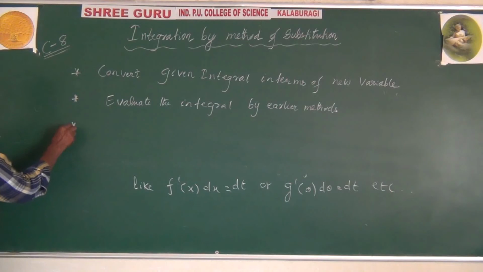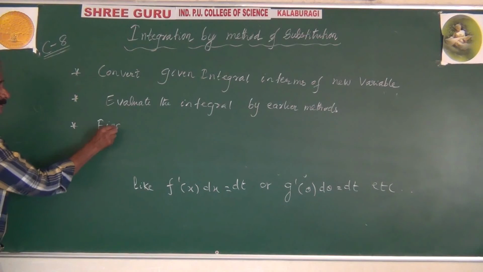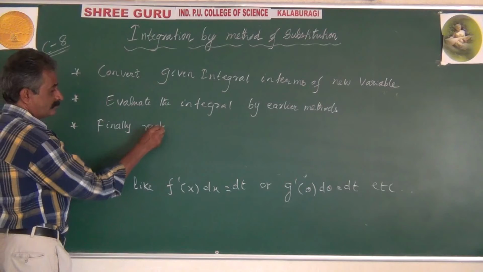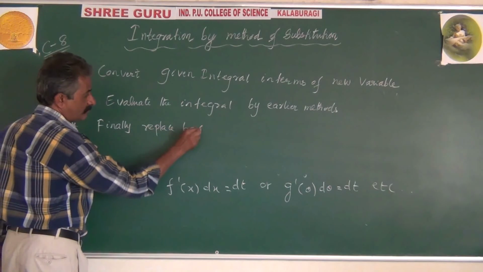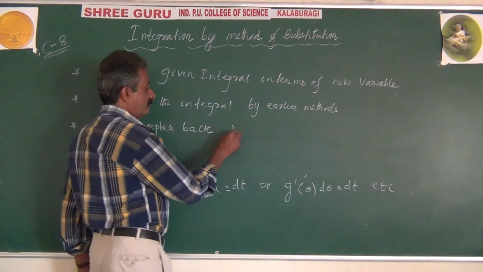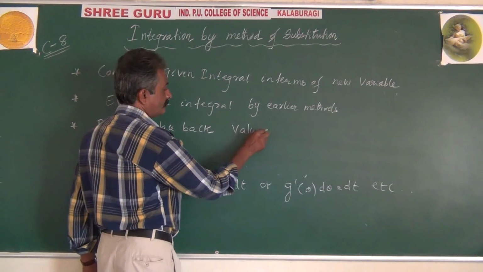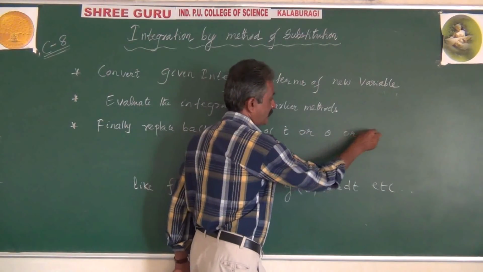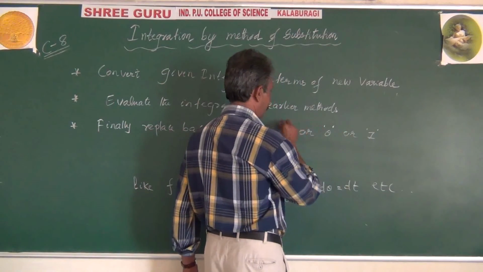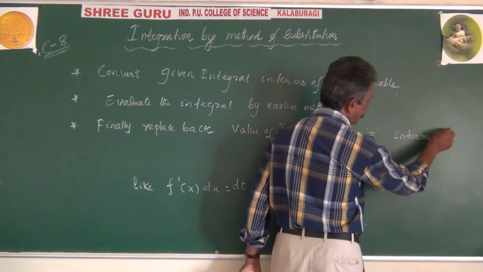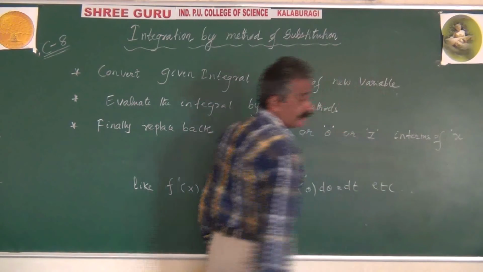And after that, finally, very importantly, without forgetting, replace back, or change back, the value of t or theta or z in terms of x, that is, the given variable.